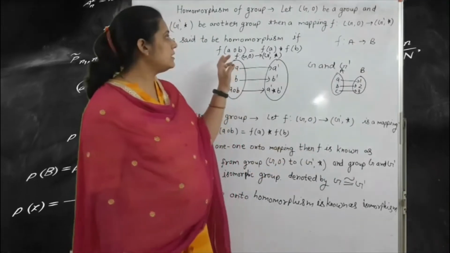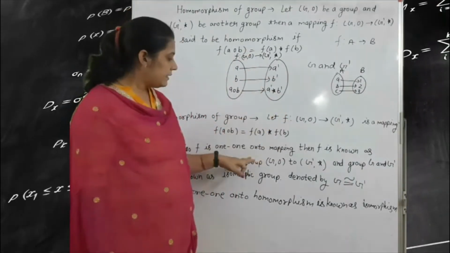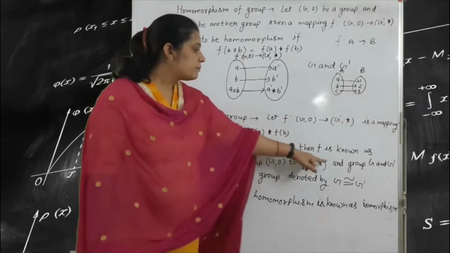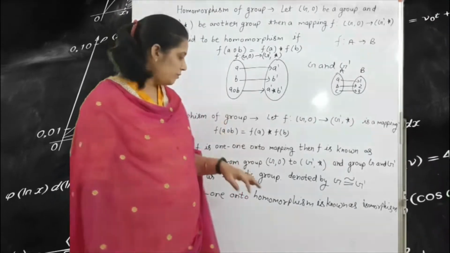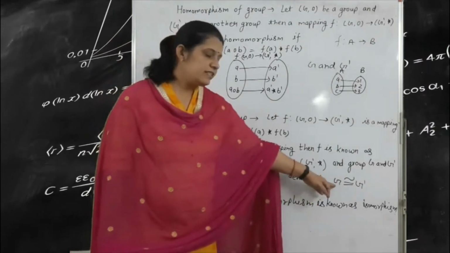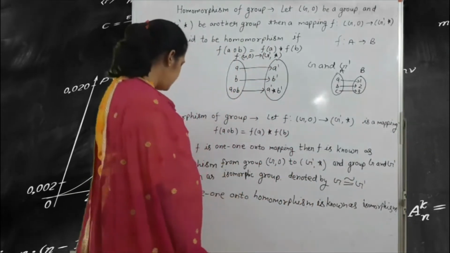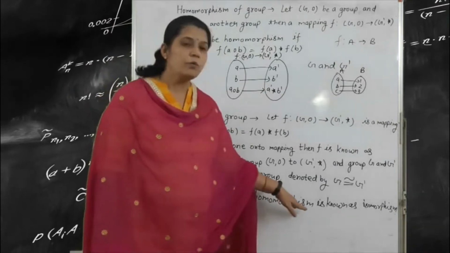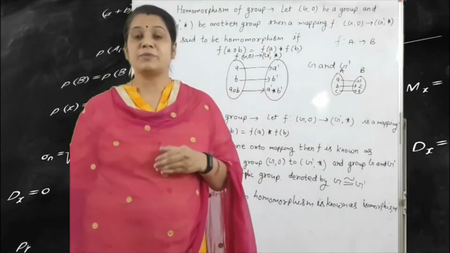Here the mapping is from A to B, and the mapping F is 1-1 onto. Groups G and G dash are known as isomorphic and denoted by G isomorphic to G dash. In other words, we can say that a 1-1 onto homomorphism is known as an isomorphism.